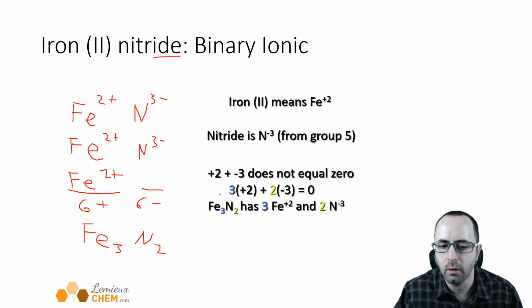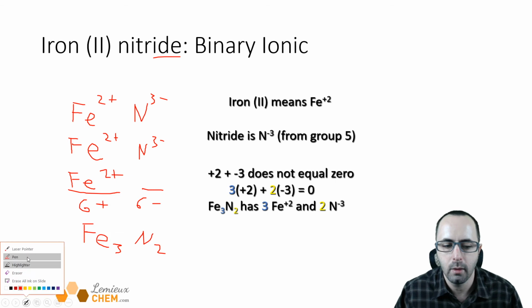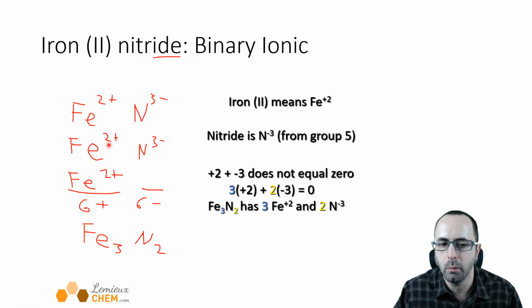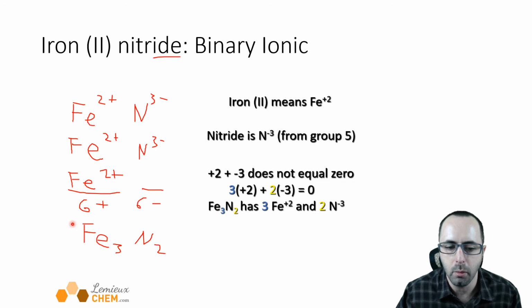And we can also check, do the charges add up to 0? Yes, we've got 3 +2 charges, each from the iron, and 2 -3 charges. So +6 minus 6 adds up to 0. So this is the formula, Fe3N2.